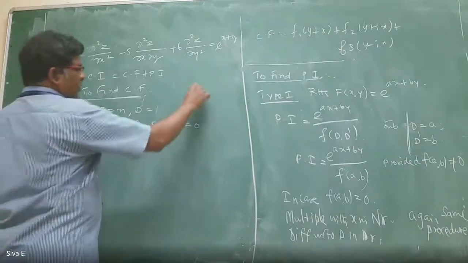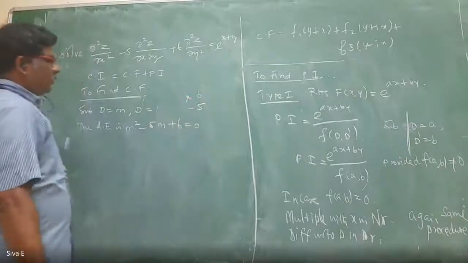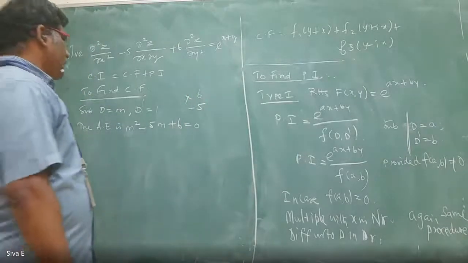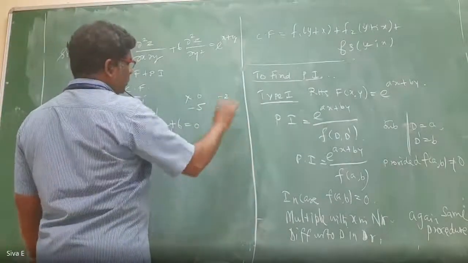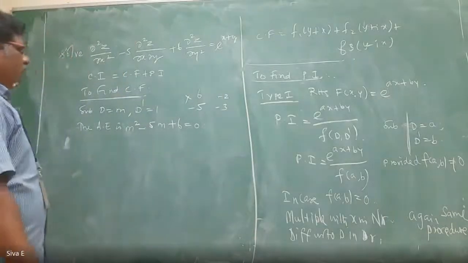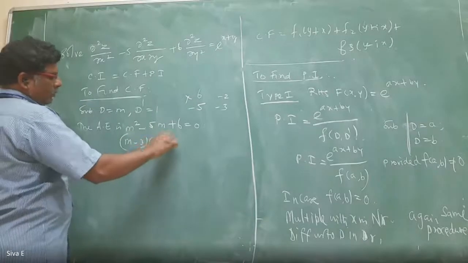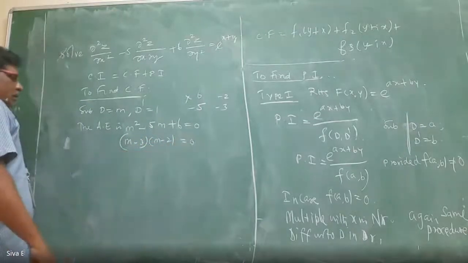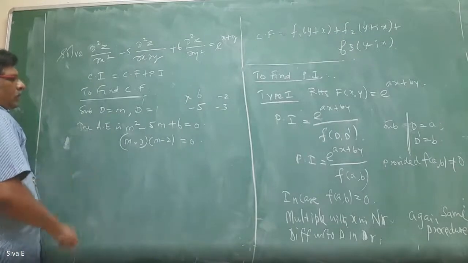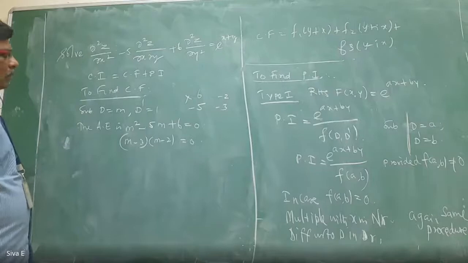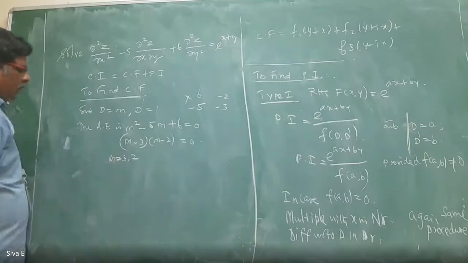Multiplication is 6, addition is minus 5. What are the two numbers? Minus 2, minus 3. So m minus 3, m minus 2 equal to 0, m equal to 3, 2.